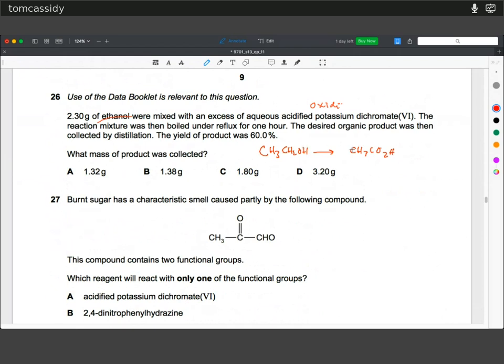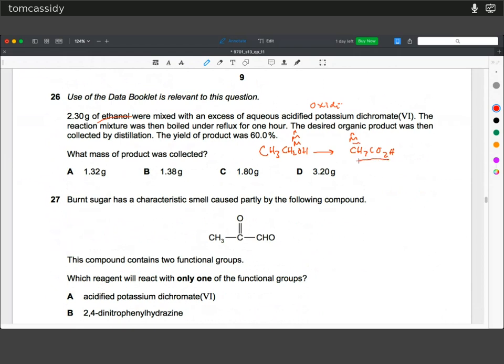So you oxidize an alcohol, you get a carboxylic acid, and you're given the mass there. You can use the data book to work out the molar mass, and work out the number of moles, and you're going to have a one-to-one stoichiometry here. So the number of moles of carboxylic acid will be the same as the number of moles you started with of the alcohol. Then, with the number of moles, you can work out the molar mass, and then you can work out the mass of the ethanoic acid that was formed.